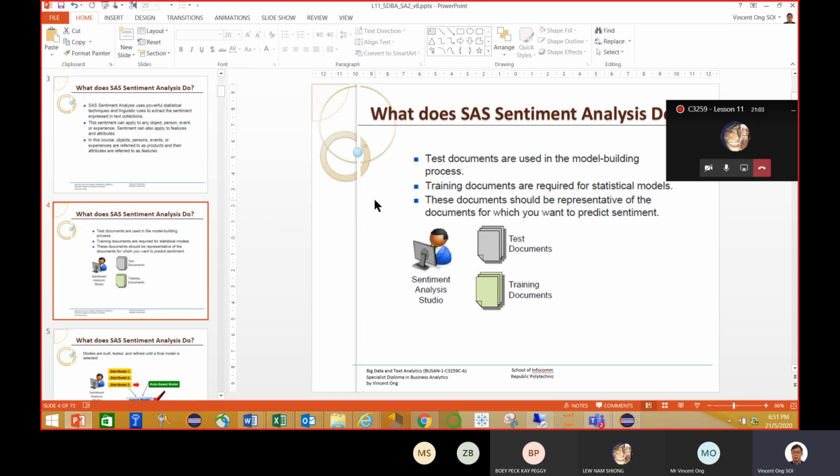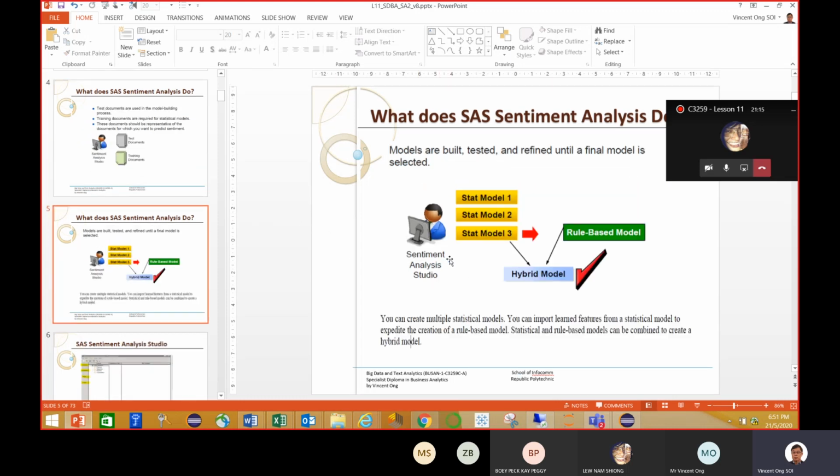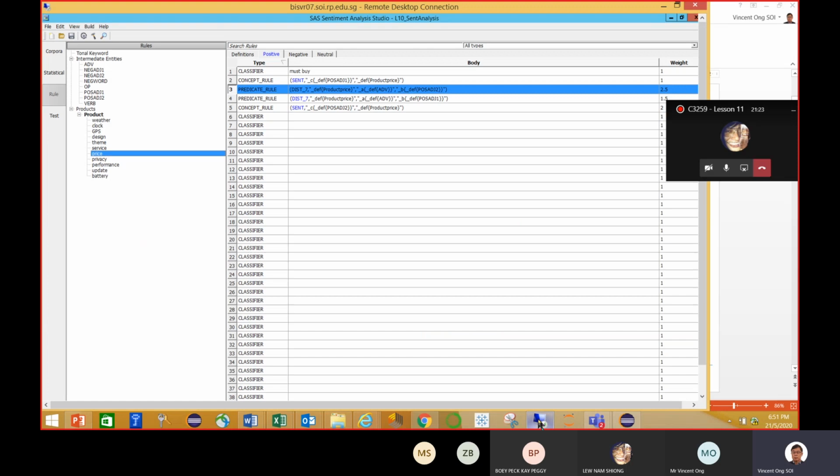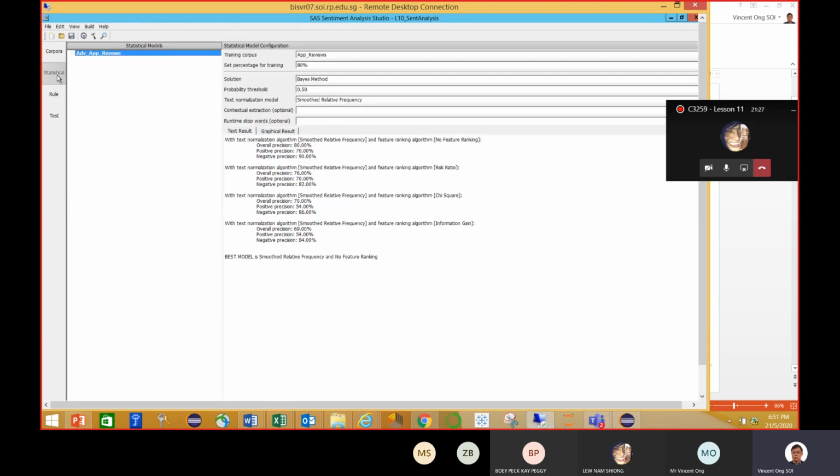Right, thank you. Normally, for product evaluation, we do more than just one sentiment analysis. We can also do topic extraction. As I said, there are two ways to do it: you can do it at the statistical level or at the rule-based level.